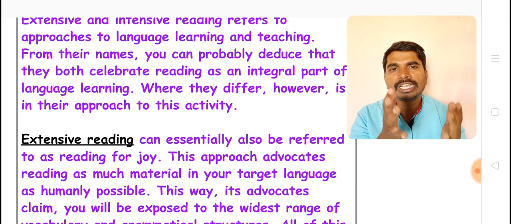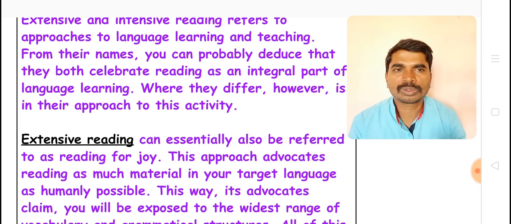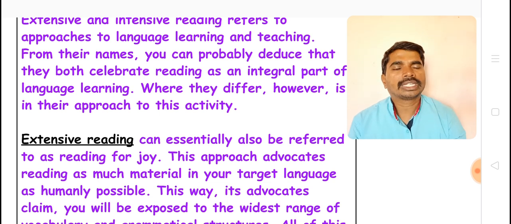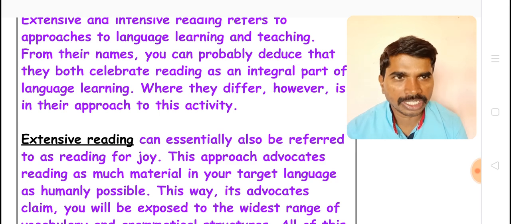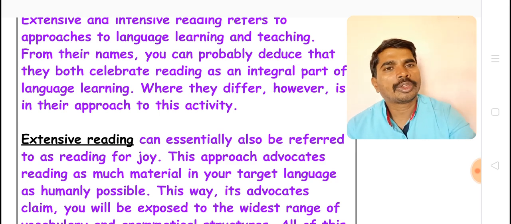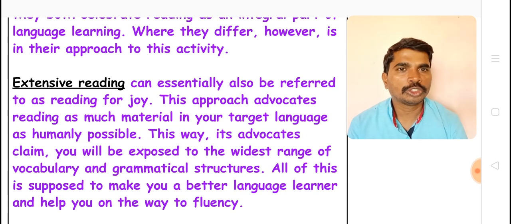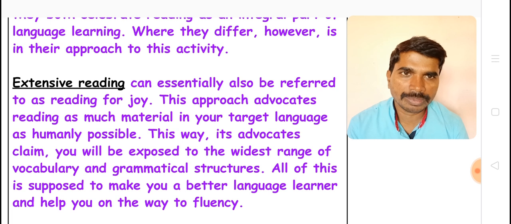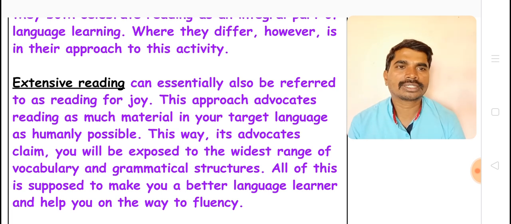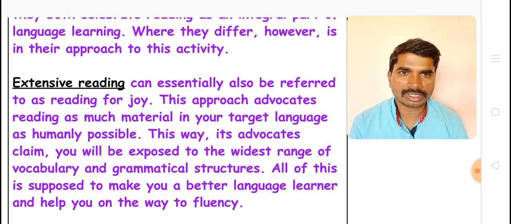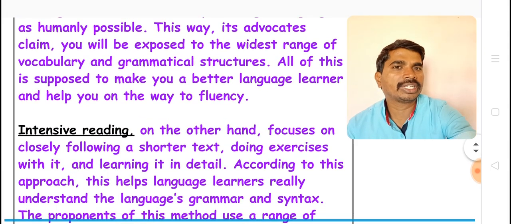Intensive means reading to gain some control, to gain some points, to get some knowledge. Extensive reading advocates reading as much material in your target language as humanly possible. This way, advocates claim you will be exposed to the widest range of vocabulary and grammatical structures. All of this is supposed to make you a better language learner and help you on the way to fluency. Okay, this is extensive reading.